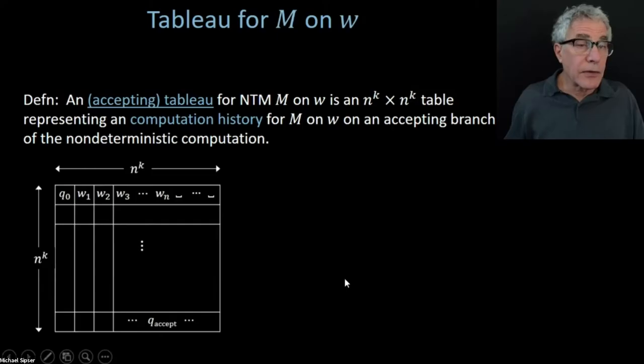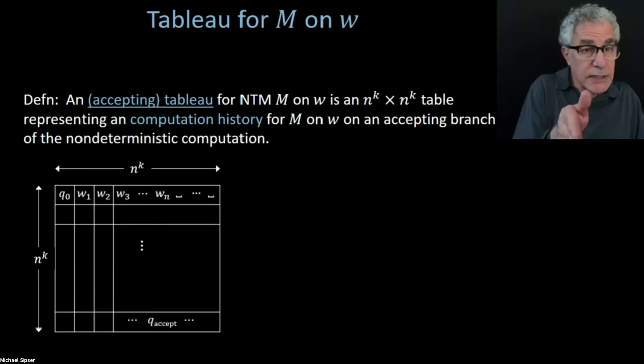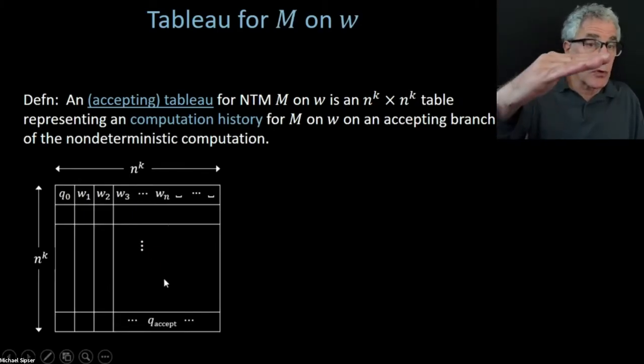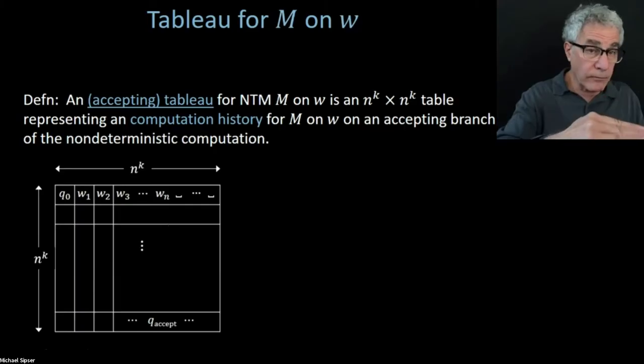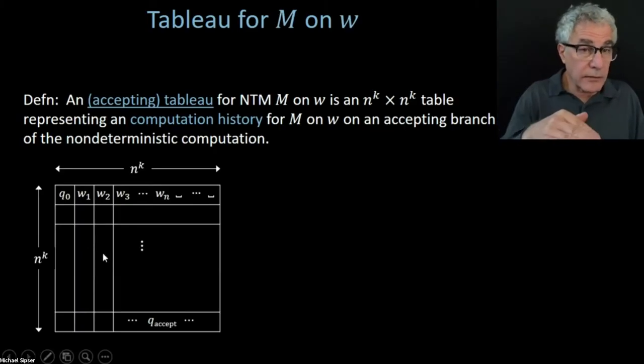Now, the dimensions of that table are going to be n to the k by n to the k, because the machine runs for n to the k steps. If there's an accepting branch, it's going to accept within that number of steps, and we'll have enough rows here to write down all of the configurations that the machine goes through, one after the next, row by row, each one having a configuration in it. And then at the bottom, there'll be an accept.